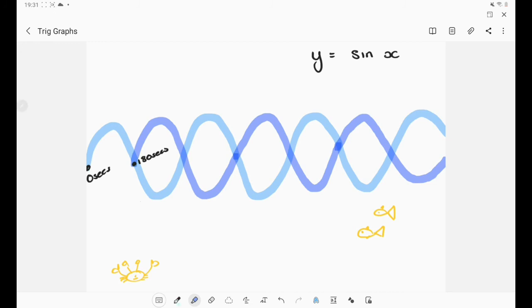Everything that happened at 90 seconds would now happen at 270. Anything at 270 would now be at 450. So everything is delayed.